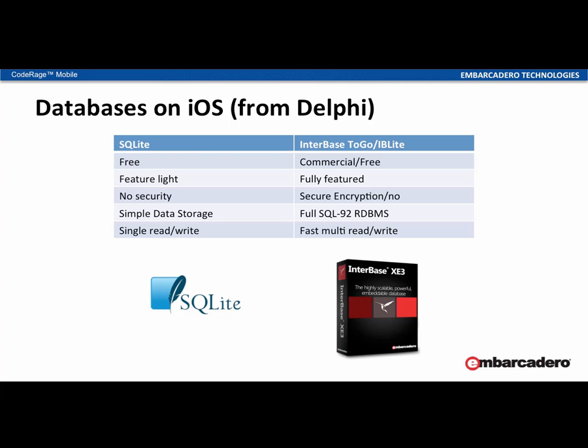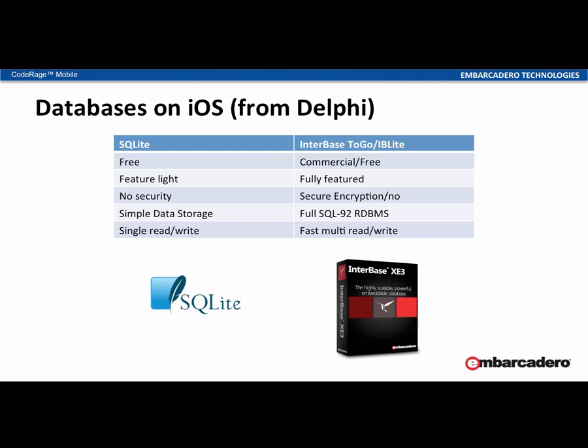The second option is to pick Interbase. Interbase has long had a version based on a DLL or dynamic link library called InterBase2Go that's been available for the desktop platforms. Now this is available in a different form because it's not a library, but it's code you embed into your own application.